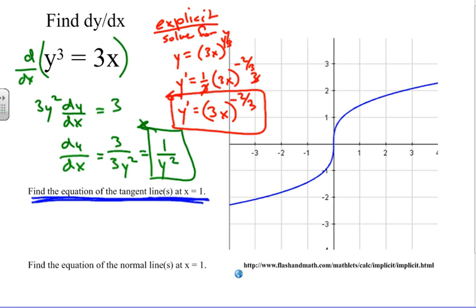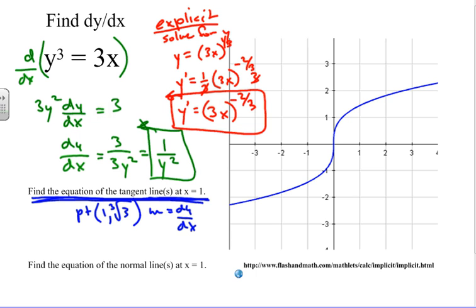Now, to figure out the equation of a tangent line, we need a point and we need a slope. The slope is the derivative. That's dy dx. The point we know is going to be 1. Now we've got to figure out our other point. We're going to plug in 1 in here, so it'll be the cube root of 3. Cube root of 3.